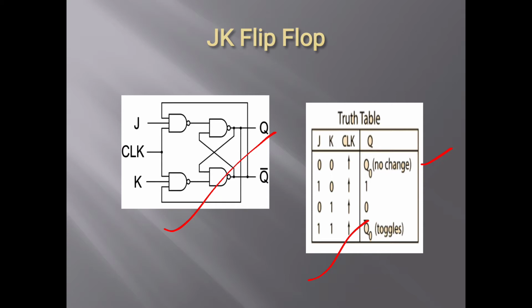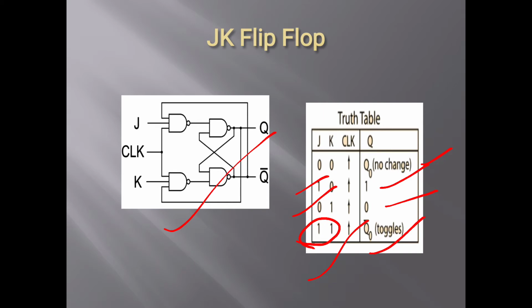And when JK value is 1, 0, it will give the set state. And when the JK value is 0, 1, it will give the 0 state. It is the same as an SR flip-flop. But when JK value is 1, 1, then it will give the toggle state, that is, the Q complement state.